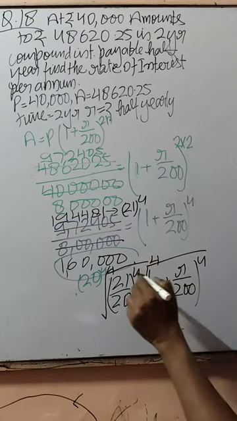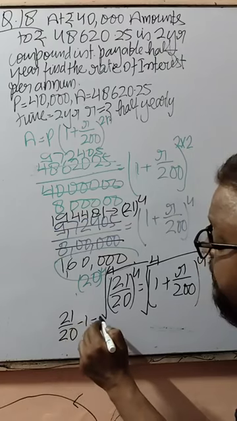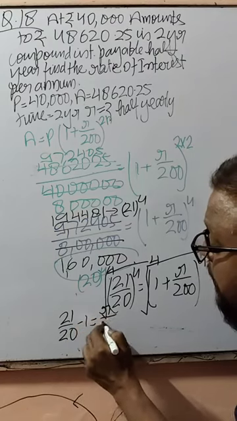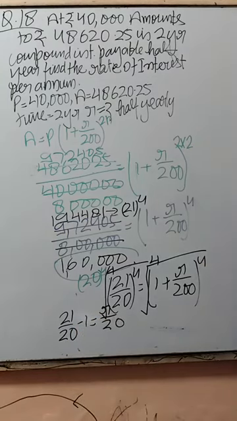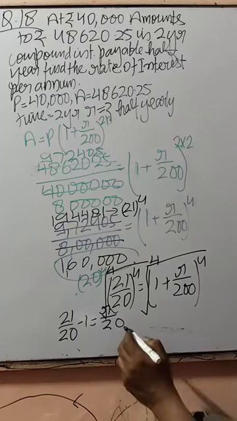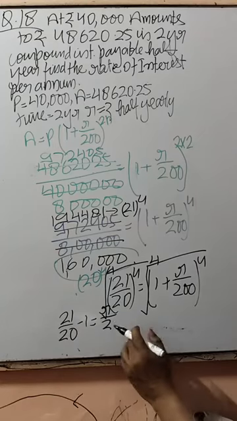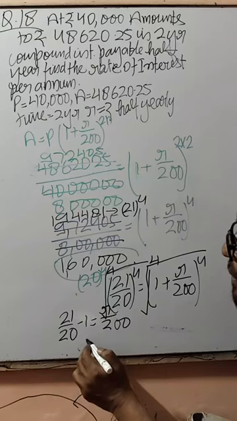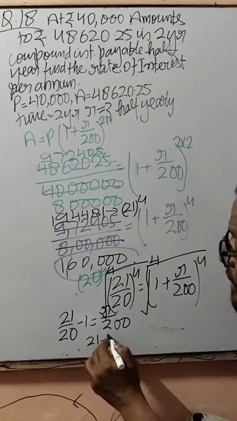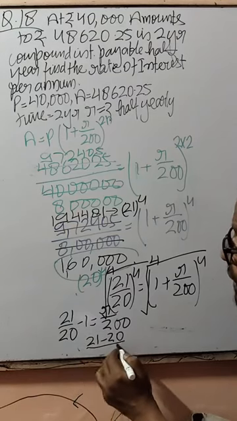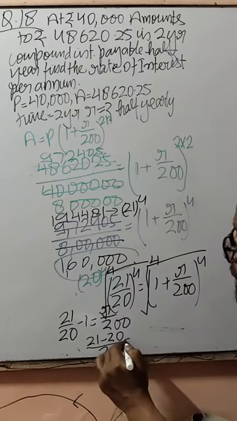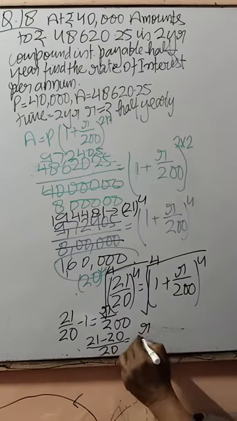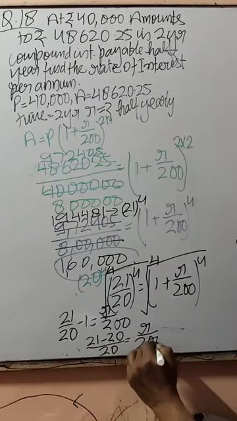So we get 21 upon 20 minus 1 is equal to r by 200. Right? So you get 21 minus 20 upon 20 is equal to R upon 200.